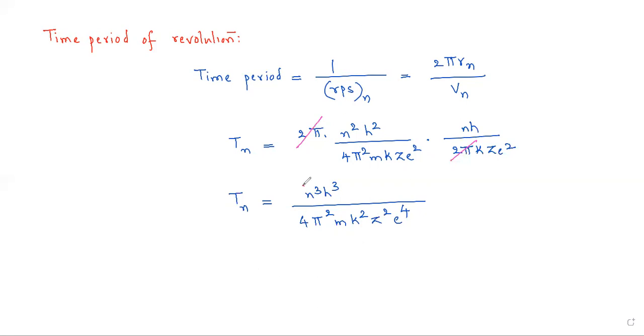Leaving n and z, substituting all other values, time period in nth orbit is 1.5 into 10 power minus 16 n cube by z square seconds. So this is the time period of revolution.